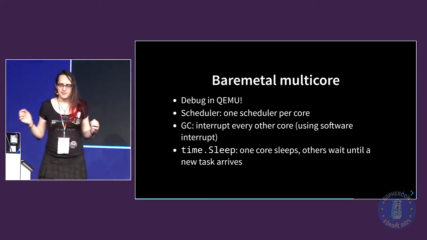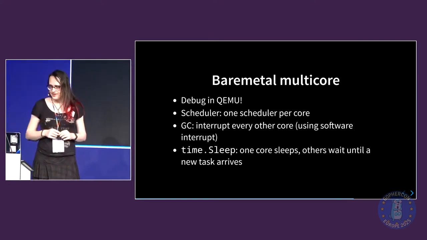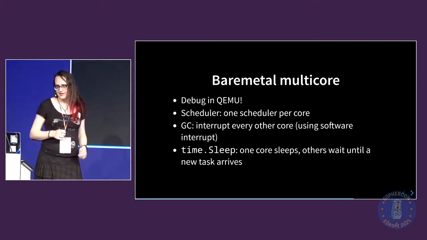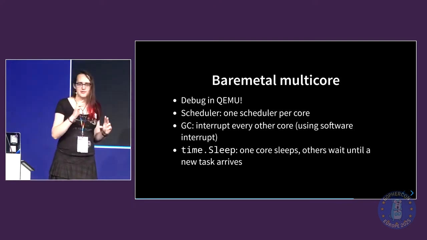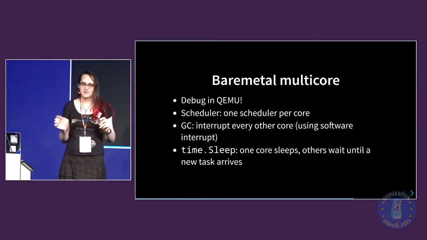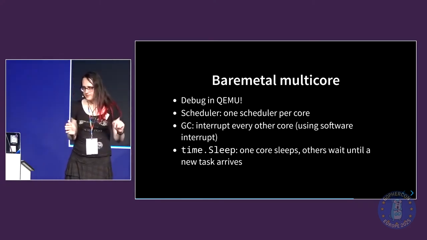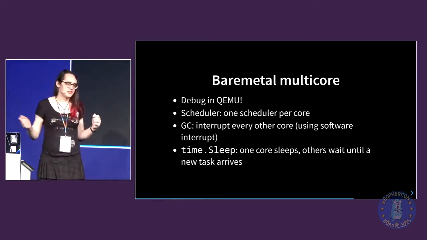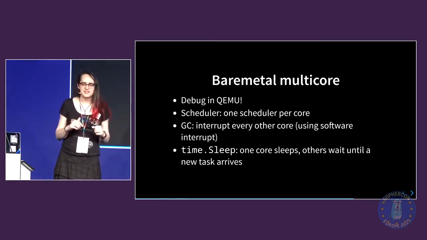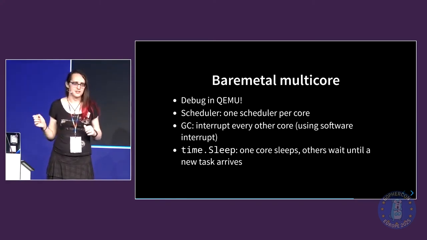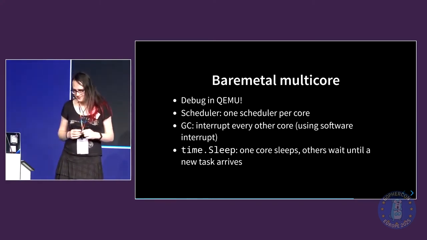So first, I added support for this system, and we're running one instance of the scheduler for every core in the system, all working together. It's similar to the existing scheduler we used for single core operation, but for multicore support.